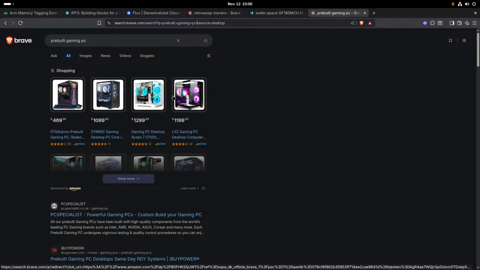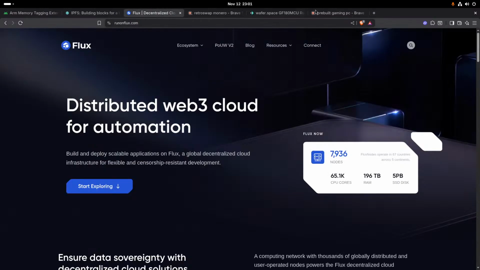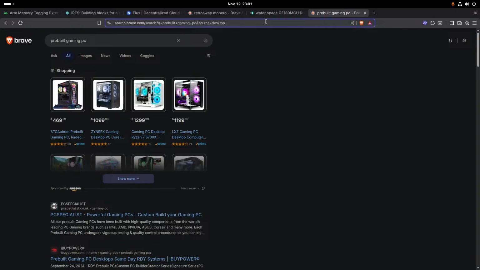Just read the diagrams, watch 4-hour videos of Linus Tech Tips putting these PCs together, and you can literally do it. You can just watch one Linus video.